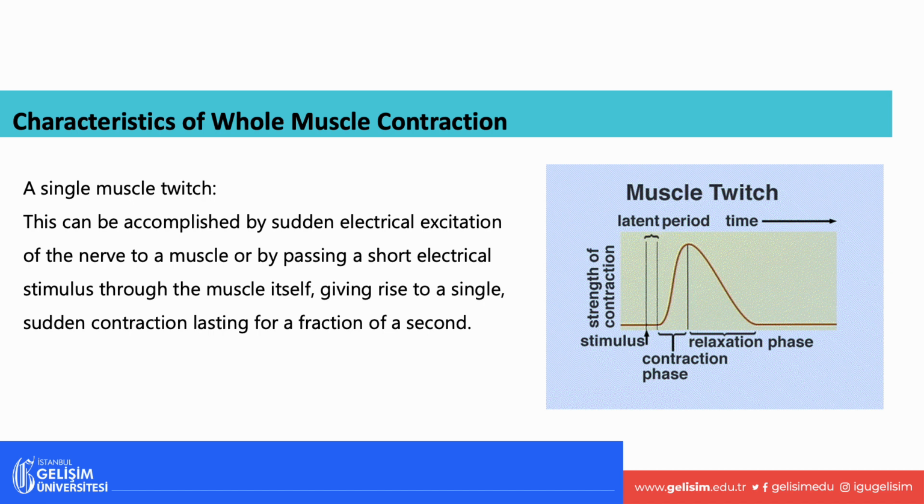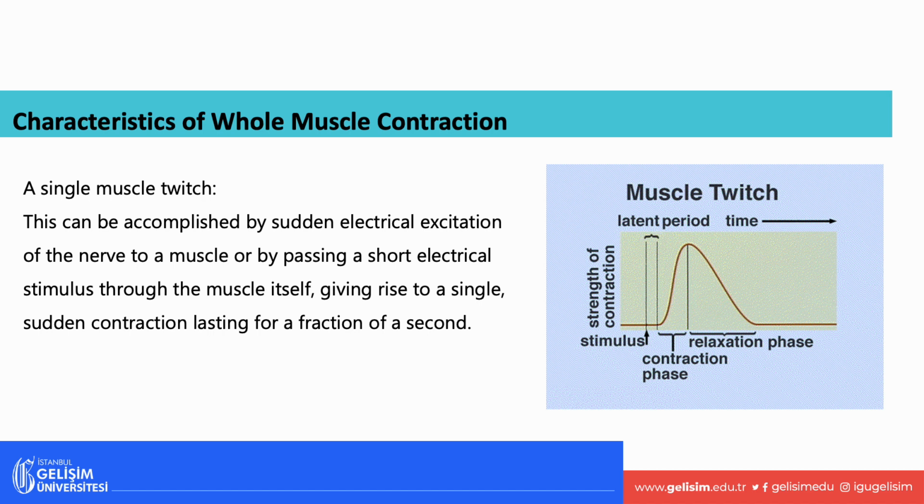These calcium ions then bind to troponin, and remember, troponin is a protein that we find on the thin filaments of the sarcomere. This triggers the sliding of the thin and the thick filaments past each other and the subsequent contraction of the muscle.